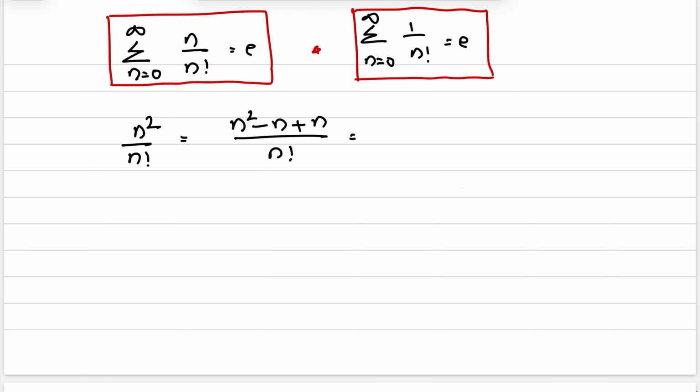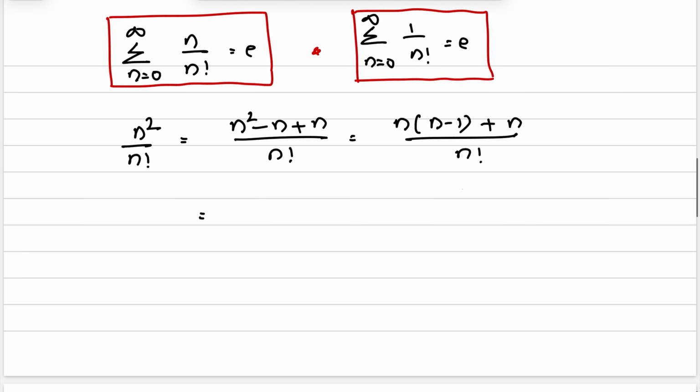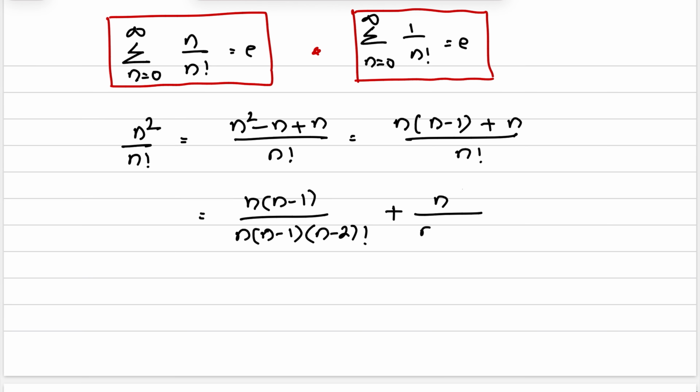That is equal to (n into n minus 1 plus n) by factorial n. That is equal to n into n minus 1 by n into n minus 1 into n minus 2 factorial plus n by n into n minus 1 factorial.